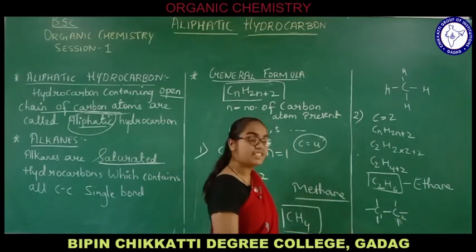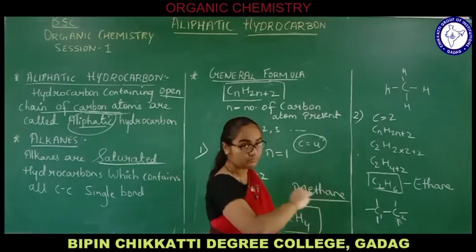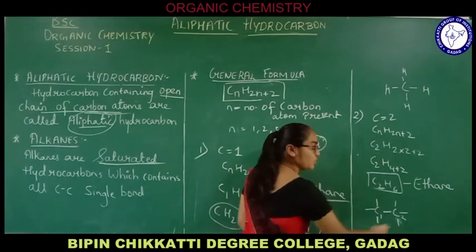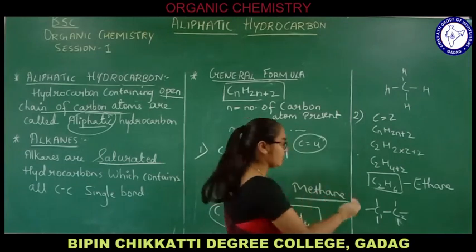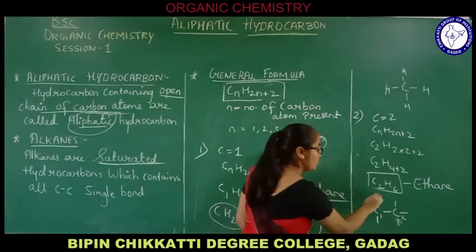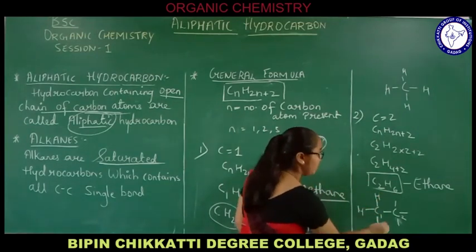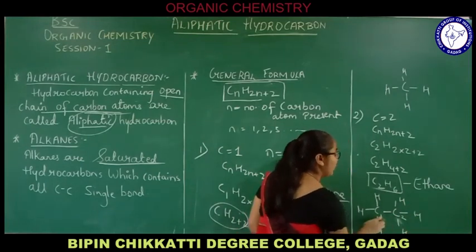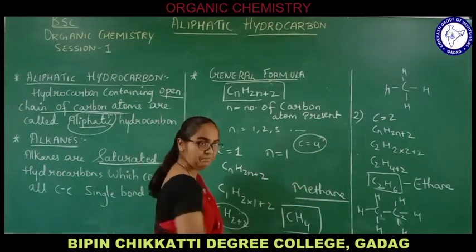So each carbon atom is linked by carbon-carbon bond, and the 3 remaining bonds of each carbon link with hydrogen atoms. How many hydrogen atoms are there totally? 6 hydrogen atoms. So let's write down 6 hydrogens: 1, 2, 3, 4, 5, 6. This becomes the structural formula for ethane.